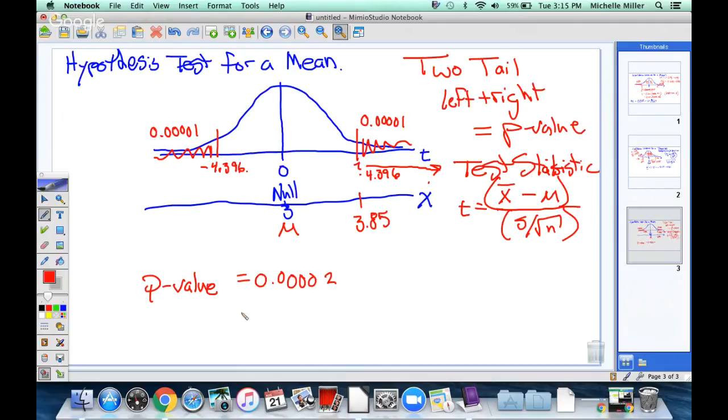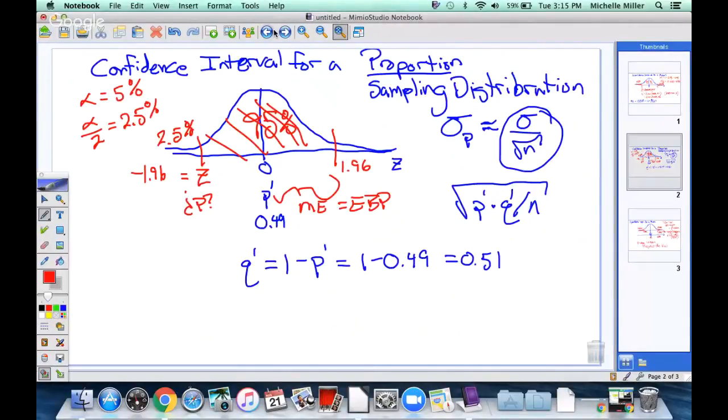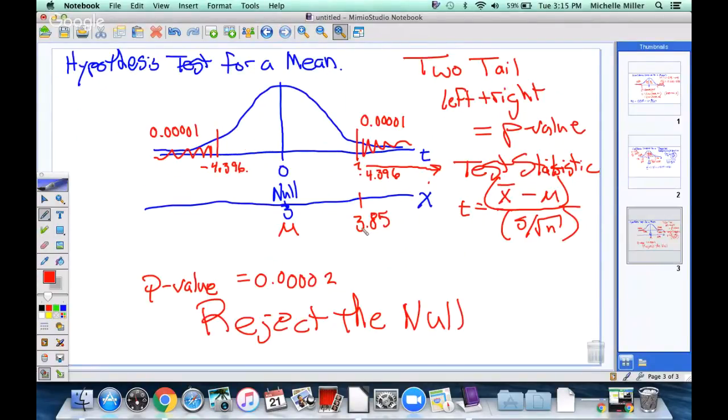So whenever you get a small enough p-value, you get to reject the null. The null was the maitre d' saying it's about $3. Well, our particular sample had about $3.85. So the question is, is 85 cents more than $3 significantly more? For 157 tips as the sample, yeah, it is. So what we've established is the tip isn't on average $3.